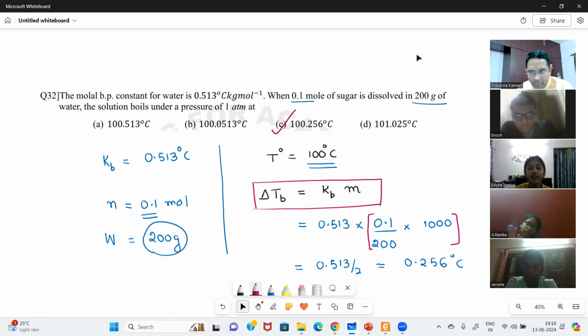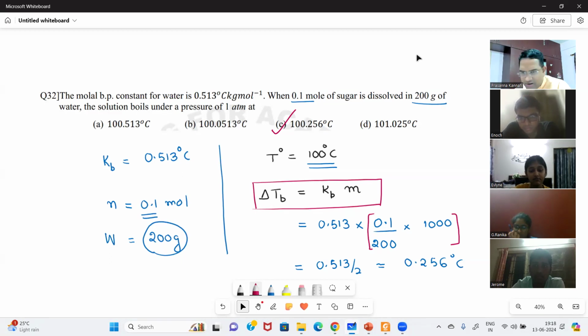To calculate the boiling point of the solution, we have to find delta TB, which is given by Kb into m, where m is the molality. After substituting, we get delta TB as 0.256 degrees Celsius, and the boiling point of the solution is delta TB plus the boiling point of water, which is 100 degrees Celsius. When we add them, we get 100.256 degrees Celsius. Correct.